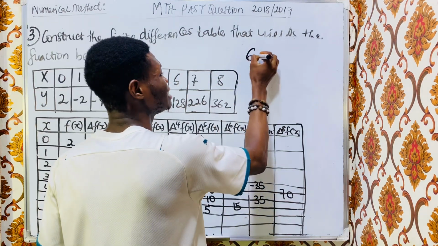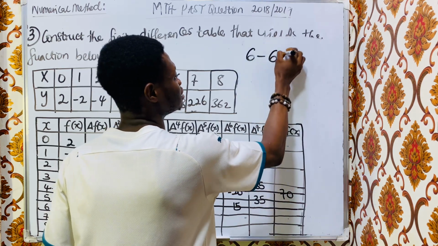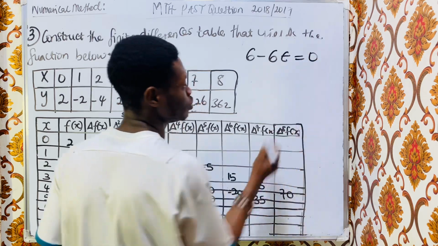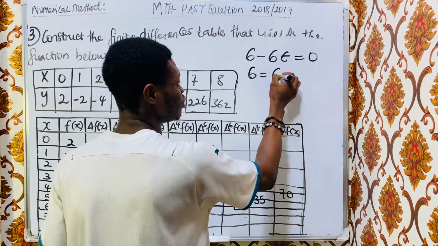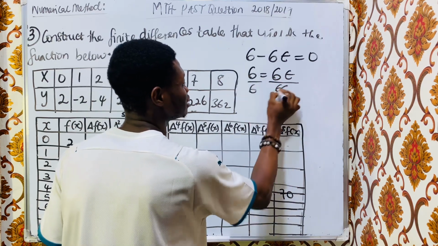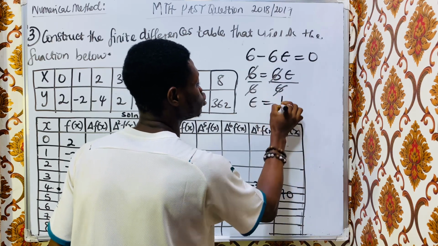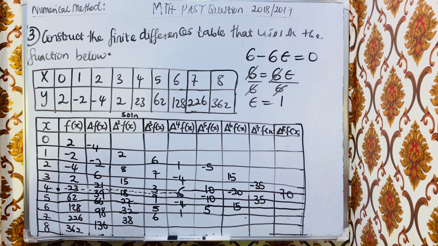So we are going to have 6 minus 6 times the error is equal to 0. So 6 is equal to, crossing over it will be positive, 6 times the error. So we divide both sides by 6. So our error is equal to 1. So our error is what? 1 unit.